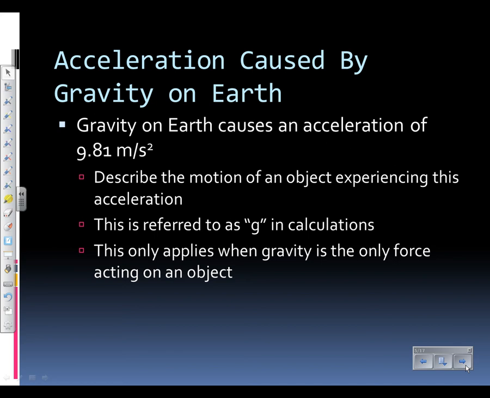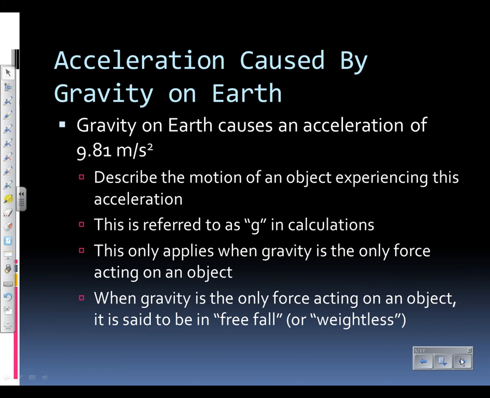Was that because gravity was affecting the penny differently than the feather? No, that's not why. Was gravity the only thing affecting the motion of those objects? No. Air resistance plays a big part in that, but if we can get rid of air resistance and only focus on gravity, we'll see the same effect. When gravity is the only force acting on an object, you'll hear that referred to as weightlessness, or we say that an object is in free fall.